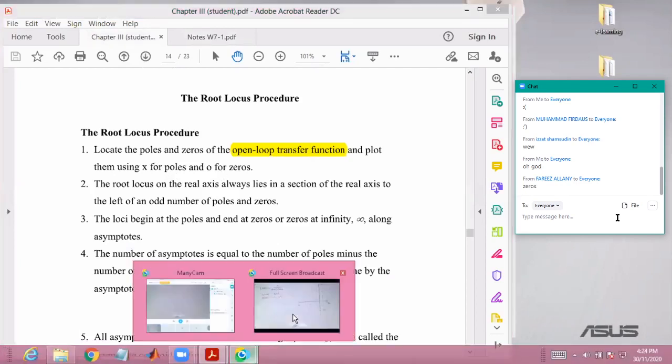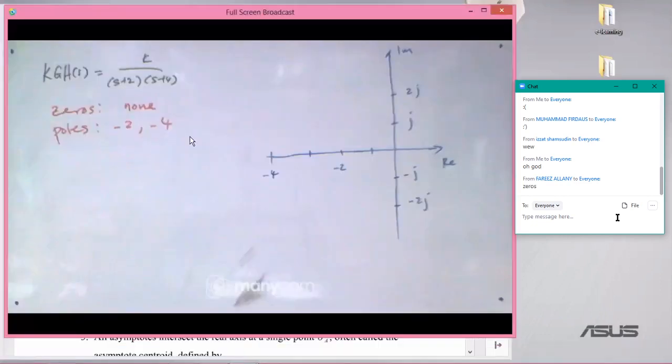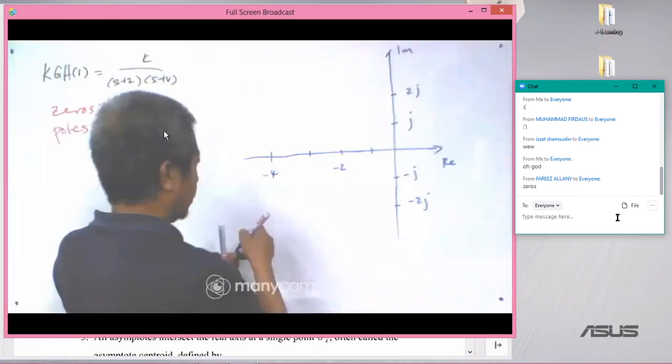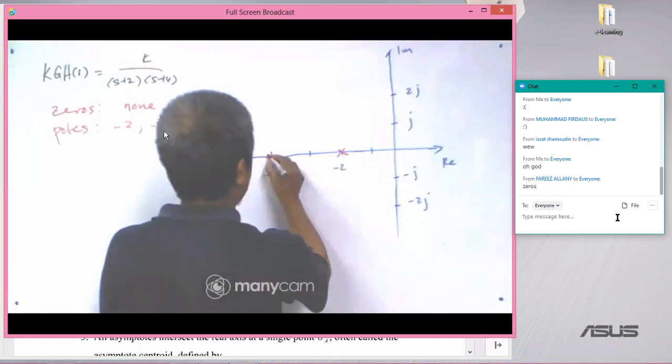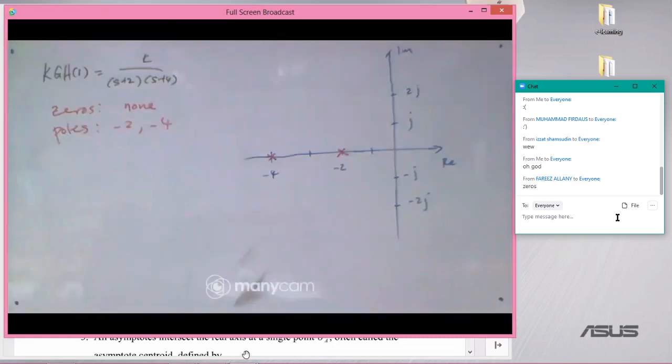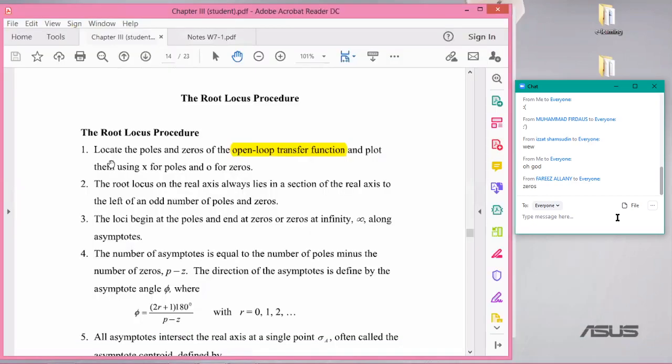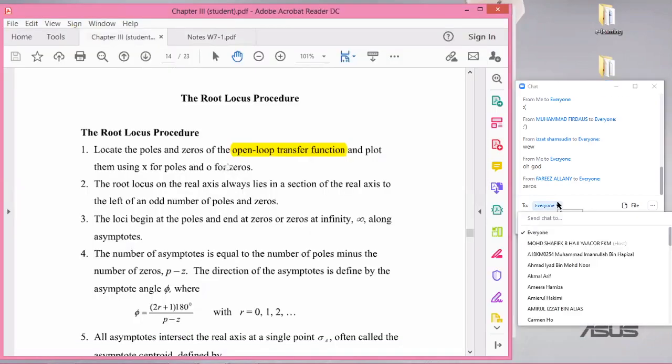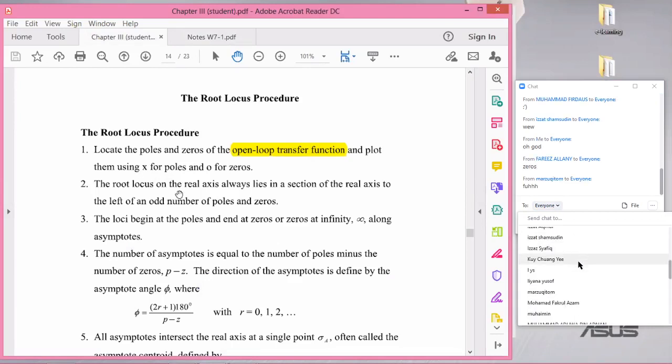Since we don't have any zero, we don't have to plot a zero. We only have to plot the poles, one at -2 and one at -4. So you put x at -2 and -4. So we are done with this first step: locate the poles and zeros of the open loop transfer function and plot them, x for pole, o for zero.